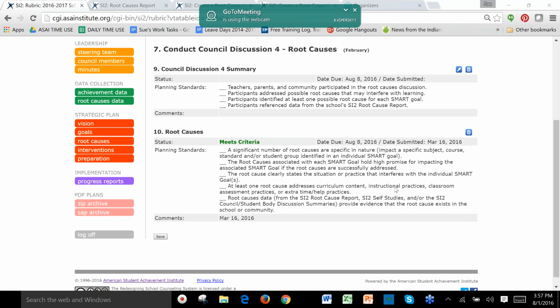So we'll be looking for some really meaty work in those areas. And then finally, the root cause data provide evidence that the root cause exists. So it's not just something we've grabbed out of thin air, but we've got some data that supports our thinking that this is a root cause. So okay, and that is it.